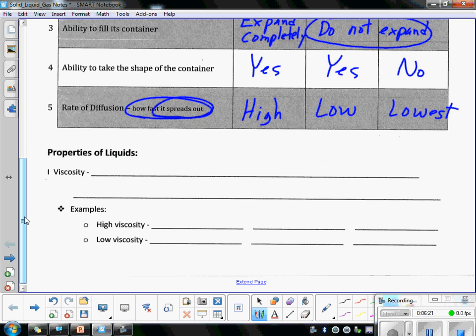Okay, moving on to properties of liquids. Okay, viscosity. So let's define that term.